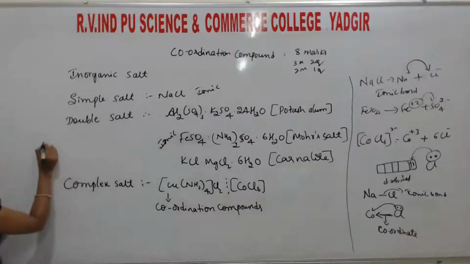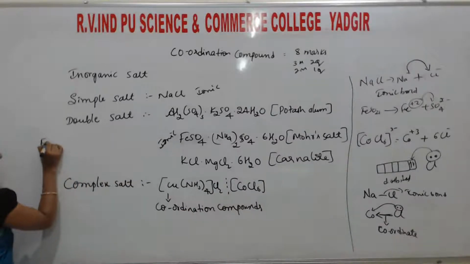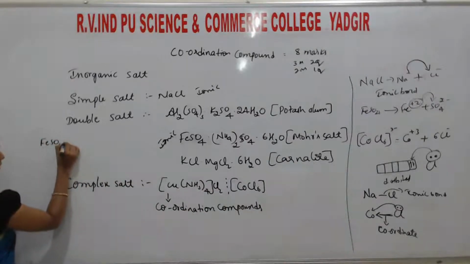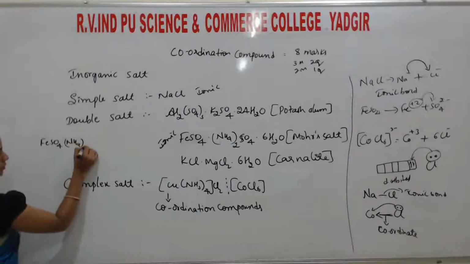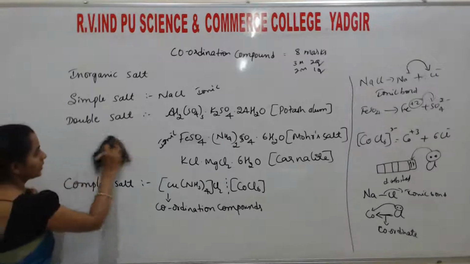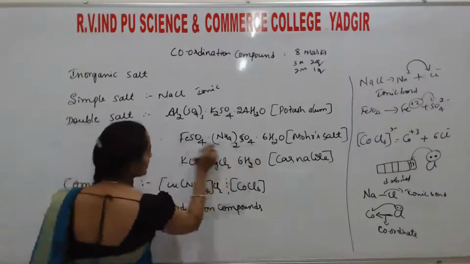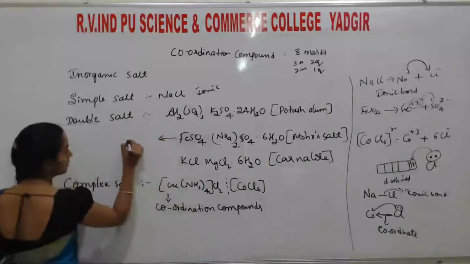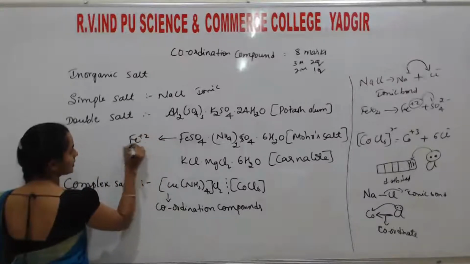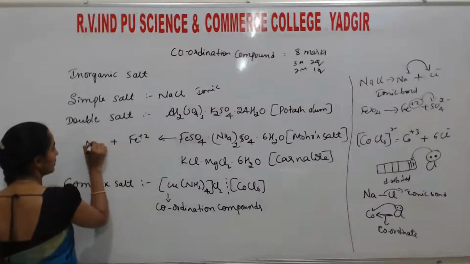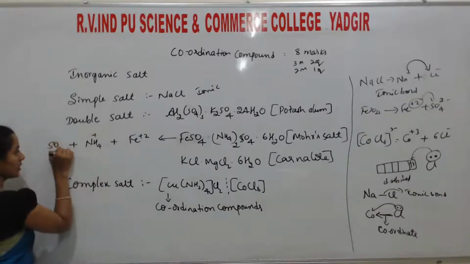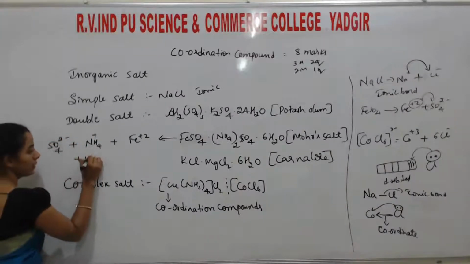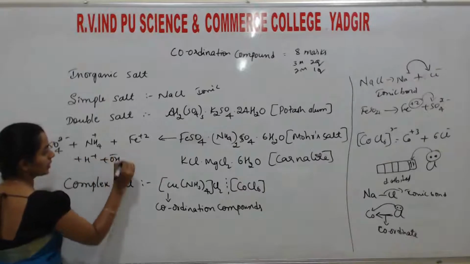If you dissociate FeSO4 (NH4)2SO4, you will get Fe2+, NH4+, SO4 2-, plus H+ and OH-.